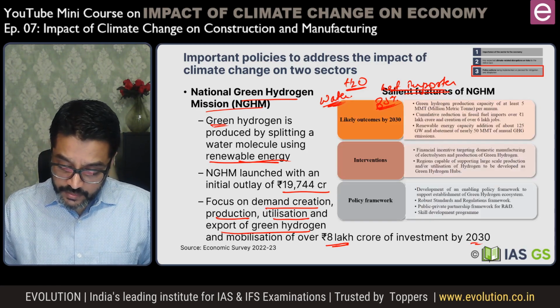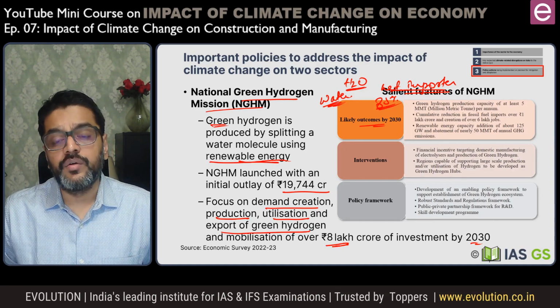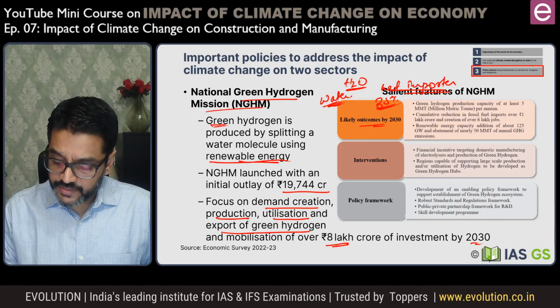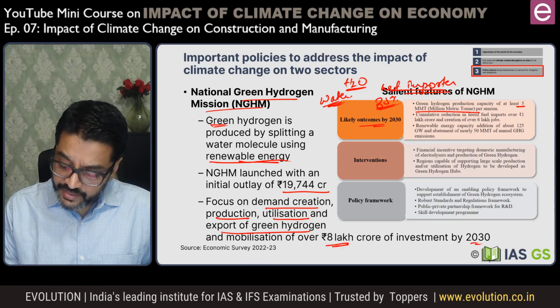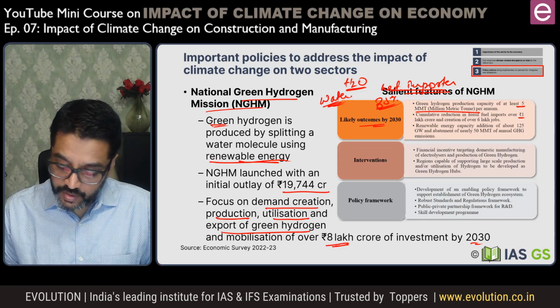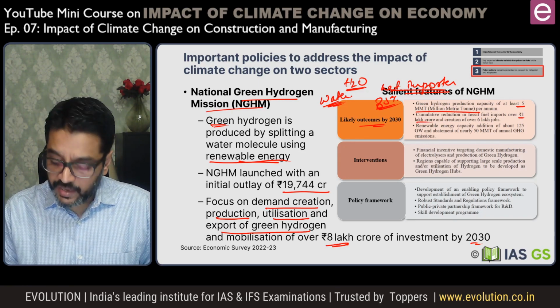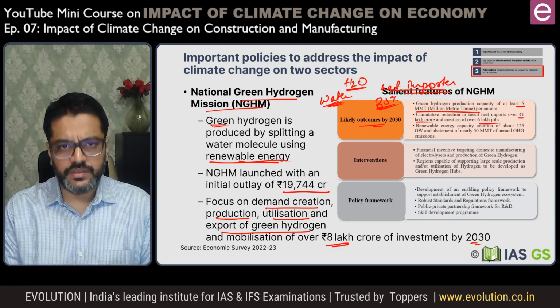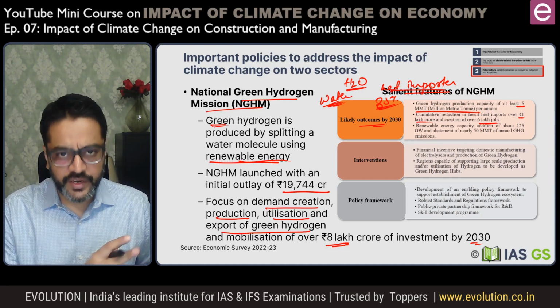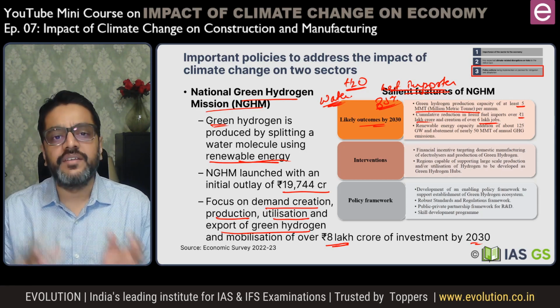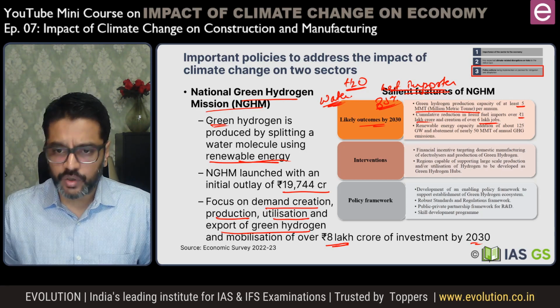Now, the likely outcomes what we are looking to achieve by 2030 is that we are able to produce at least 5 million metric tons of green hydrogen every year, right? And we reduce our fossil fuel imports by over 1 lakh crore rupees and also create 6 lakh jobs, because this creation of manufacturing of green hydrogen, all the process will require specific machines, specific skills, new plants will have to be set up, so that will create jobs, right?